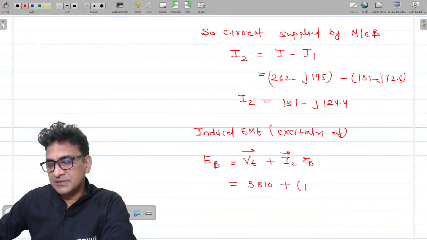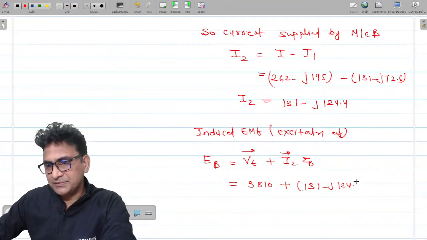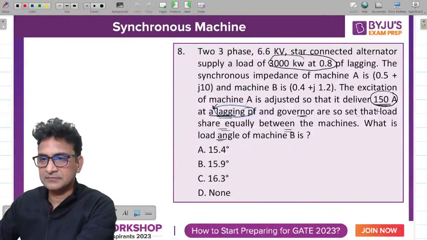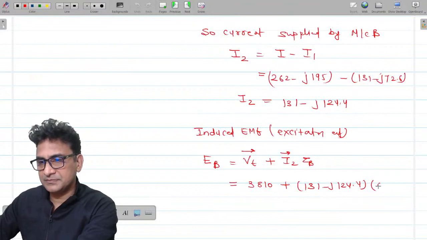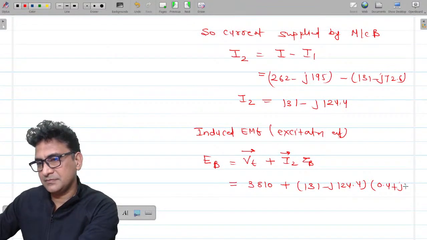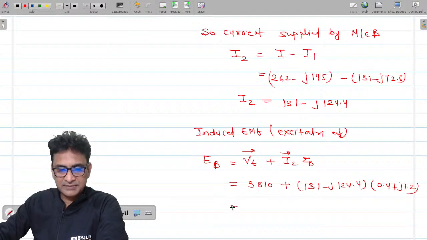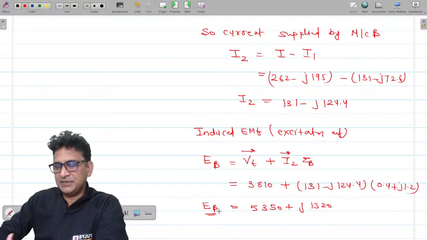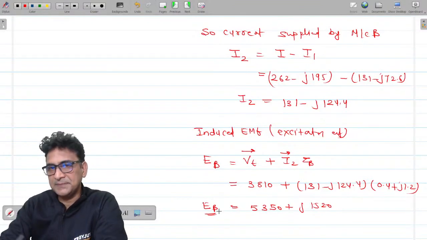I2 is 131 minus j124.4. ZB is given, 0.4 plus j1.2. Calculate. It would come 5350 plus j1520. This is the excitation EMF of machine B.